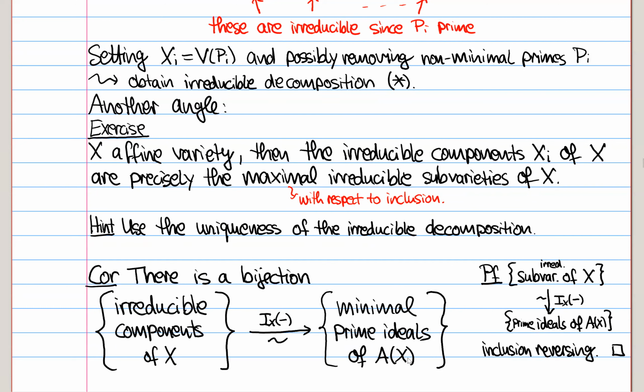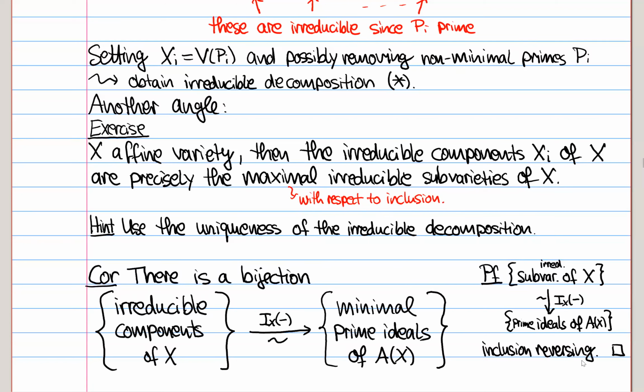And the proof is also not so hard, because the irreducible subvarieties of X that we have seen before map exactly to the prime ideals here.